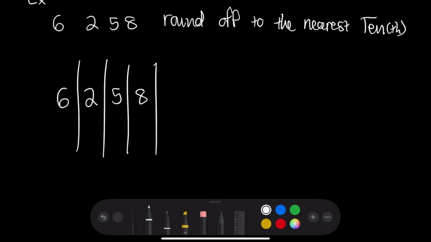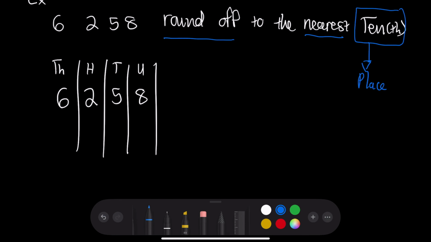This is units, tens, hundreds, thousands. Then you ask yourself, it's asking me to round off to the nearest. This denotes my place value. Then I have to find the place value I'm considering, and I see it's within this column.